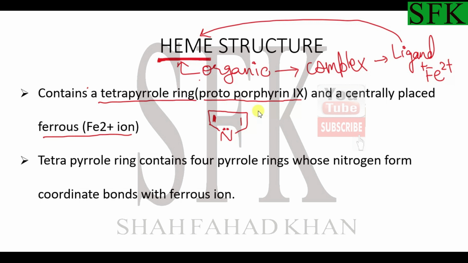If we take four of these rings and join them together through methylene linkages, which are the bonds present between subsequent pyrrole rings, forming a closed cyclic structure, then that structure is a tetrapyrrole ring.